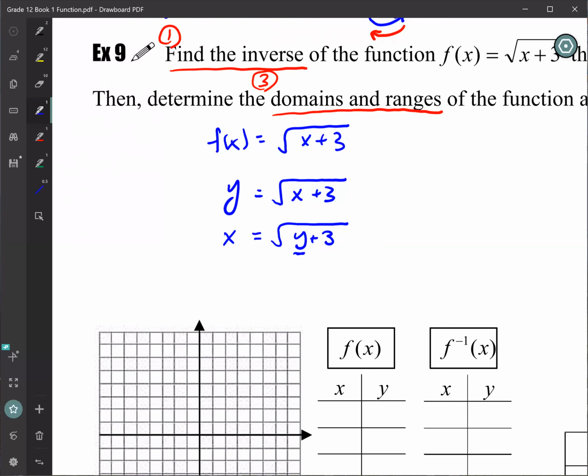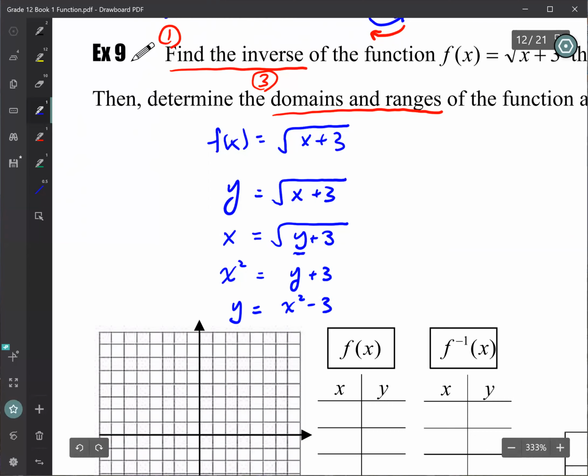We get rid of the square root. So we'll square the left side, and then the right side will be just y plus 3, right? And what will be the last thing you need to do? Minus 3. Excellent, right? So you will have y equals to what? X squared minus 3. Yes, see, you did it, right?